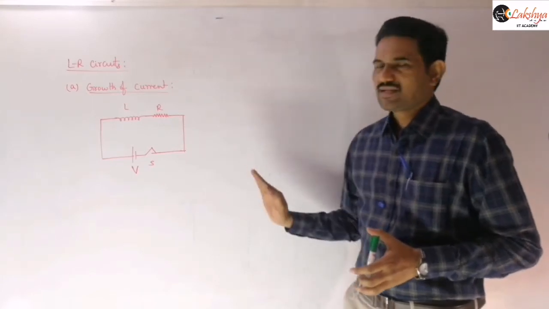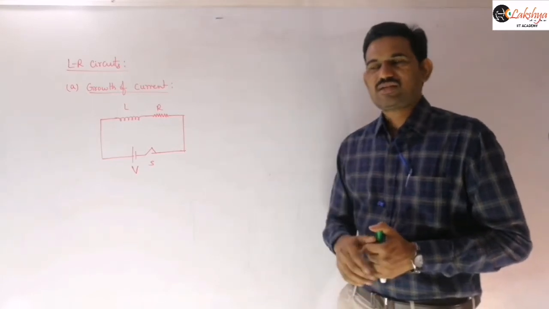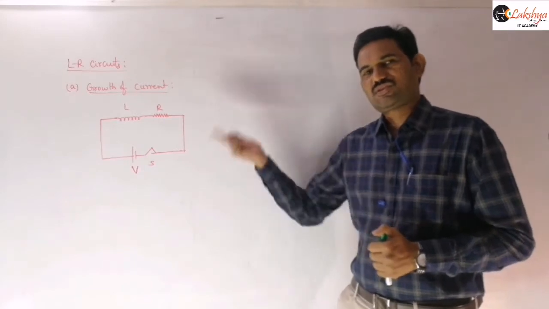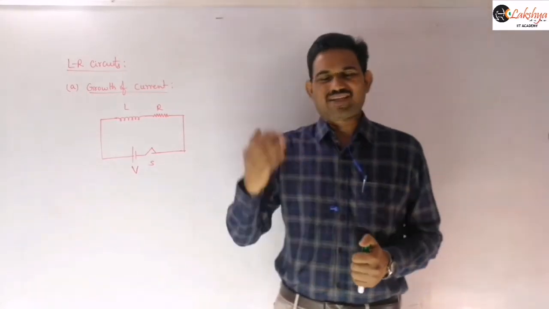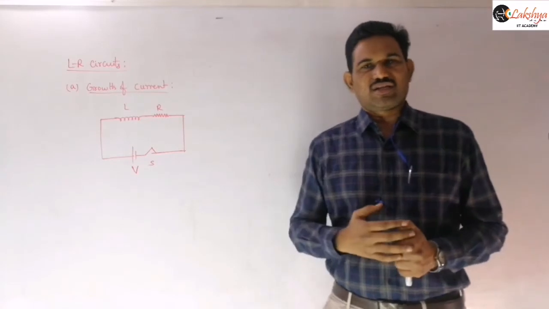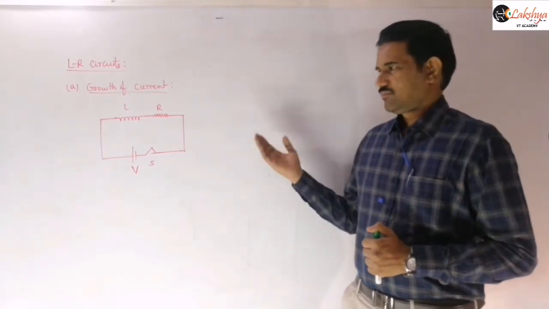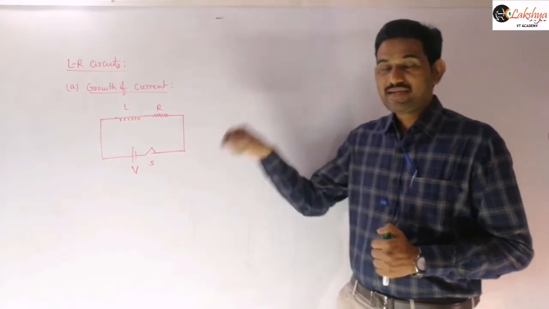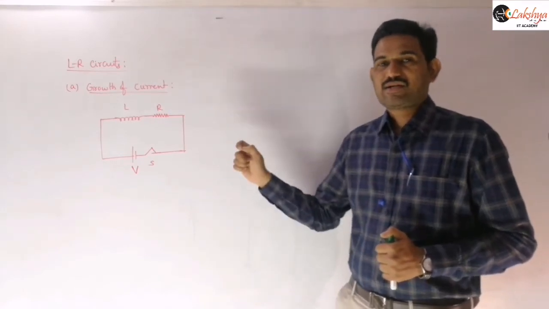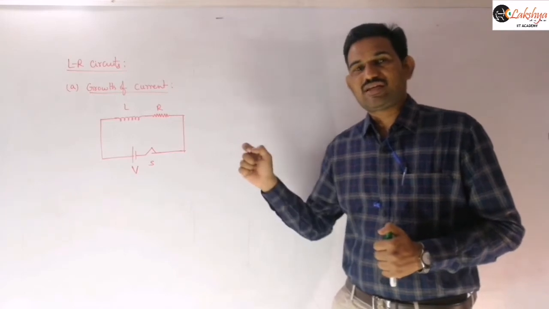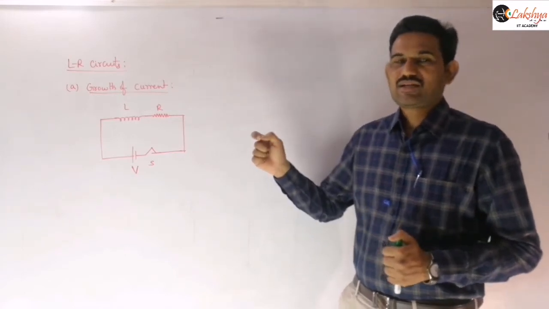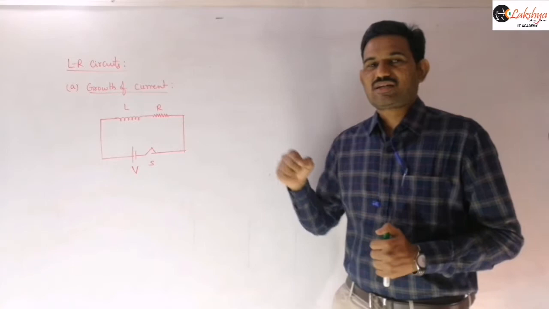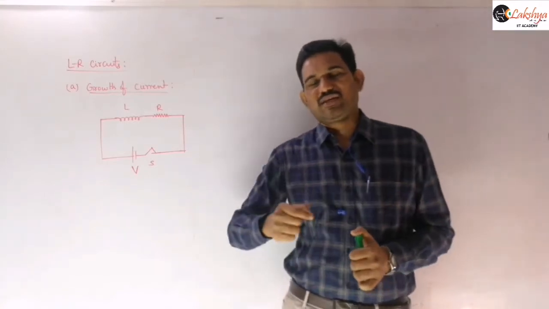When only resistance is there, just immediately after closing the switch, the current will rise to its peak value, V by R, almost instantaneously. But when the inductor is there, it does not reach that peak value instantaneously, because the inductor will oppose the change in current.